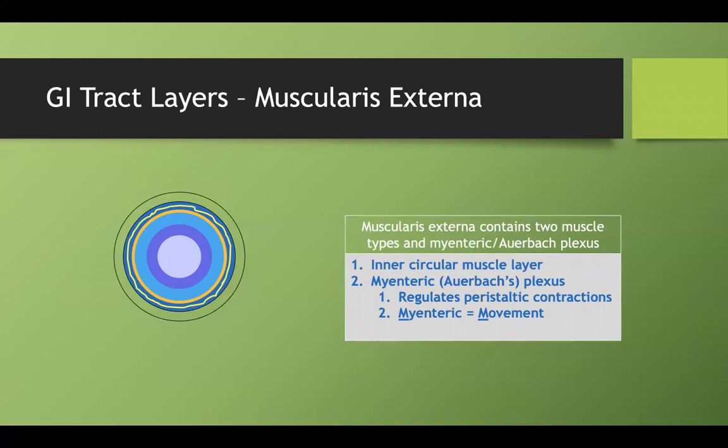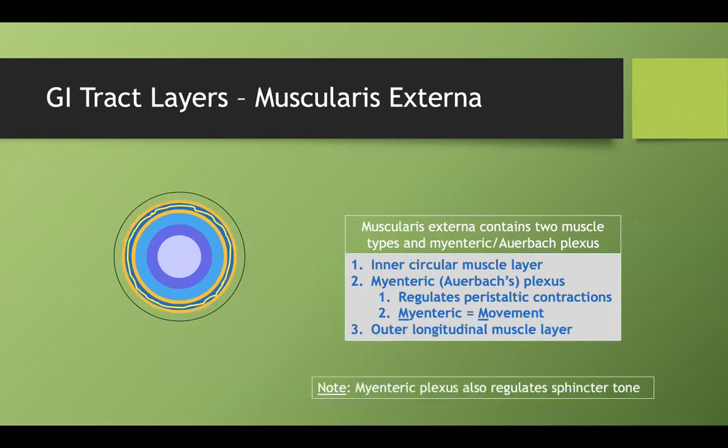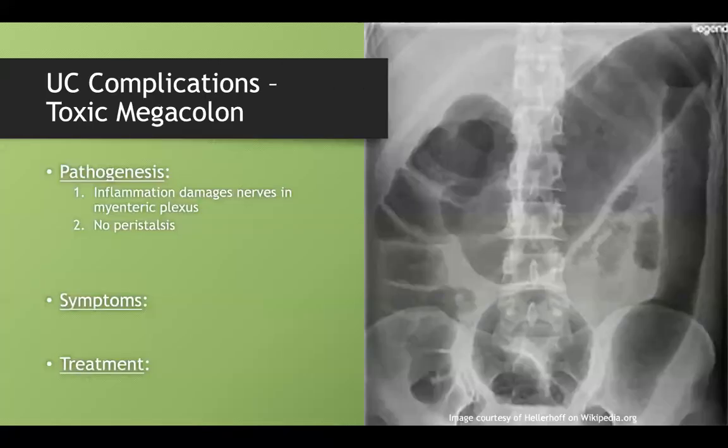That reminds me that the myenteric plexus is important for movement, or peristalsis. And just remember, you have an outer muscle layer here. One more thing I like to point out every time we talk about the myenteric plexus is that it also regulates sphincter tone. That's why achalasia, which we talked about in the esophagus lecture, is also a myenteric plexus problem. So remember, it regulates peristaltic contraction.